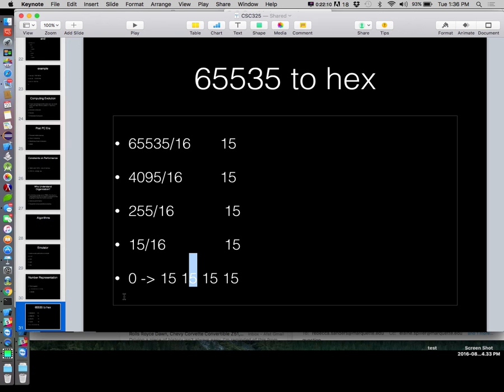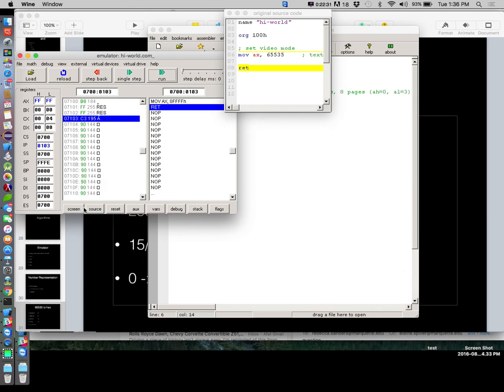So 15 is actually the value F. So 65,535 is actually equal to FFFF. And we see that represented right here. FFFF. Make sense?